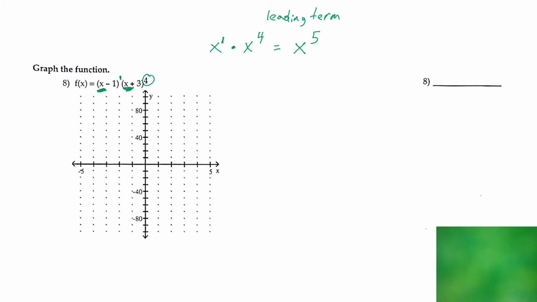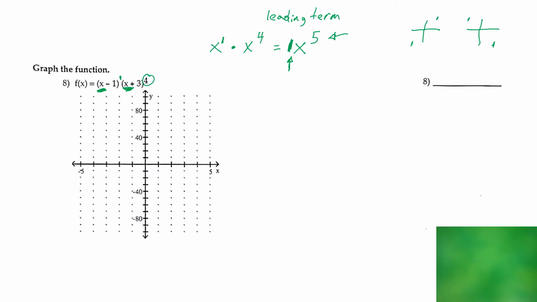So our leading term, notice, has an odd power. So if it's an odd power, remember we said one of two things is going to happen. The ends are doing something different in one pattern or another. So to figure out which one it is, look at the number in front. In this case, it's a positive 1.